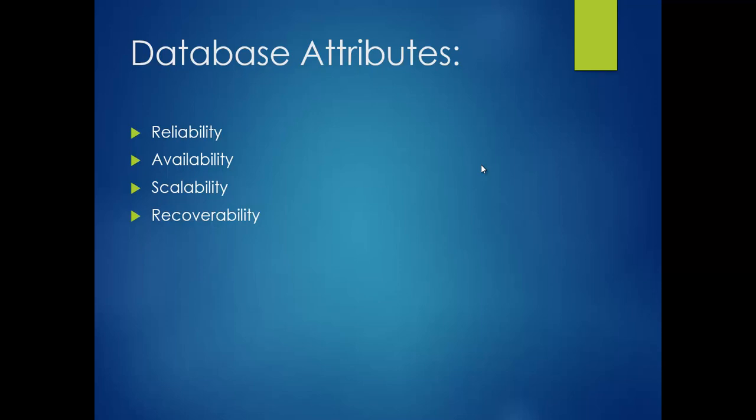What do I need to do to be able to recover the database? This is one of the most important attributes in a database. So look at these features and see how you can implement that on a database and write them down, explore them, research them, and write them down to understand how it works.